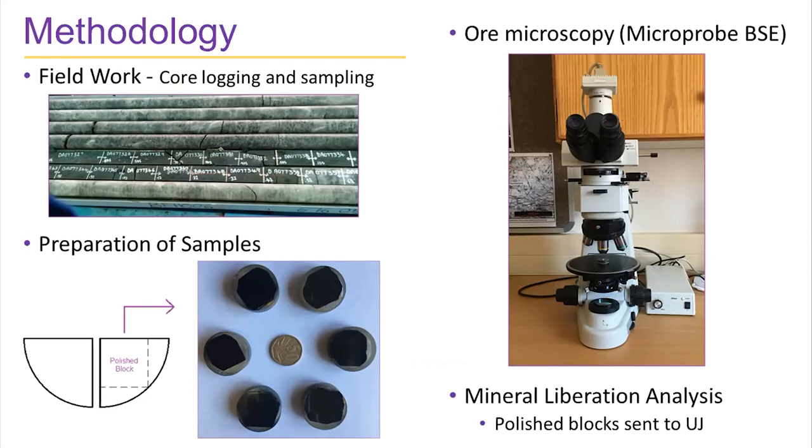So we did an ore petrographic study, and then we did MLA analysis of these polished blocks to provide the PGM phases, abundance, association, and grain size distributions. And we also used microprobe to analyze the mineral chemistries of these PGMs, but that work is not presented here.